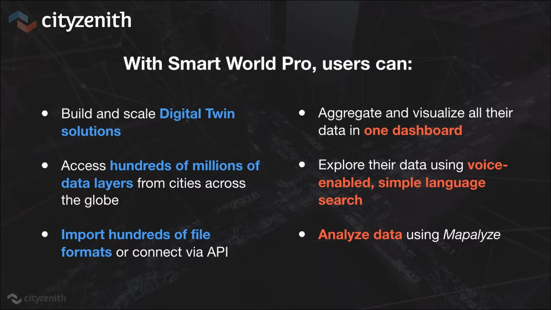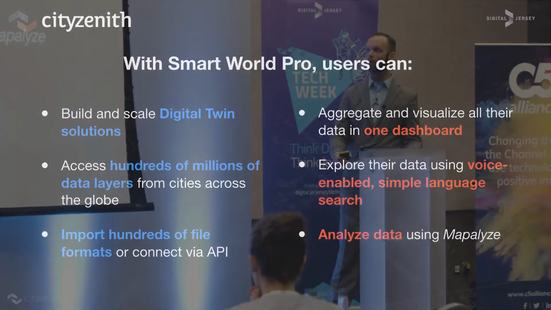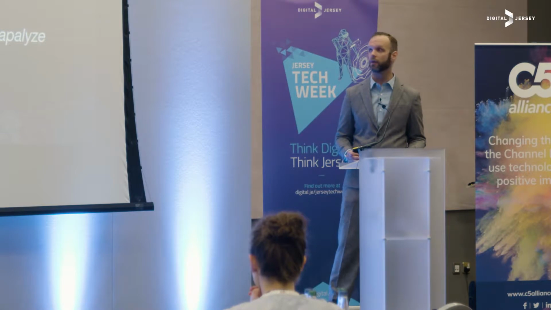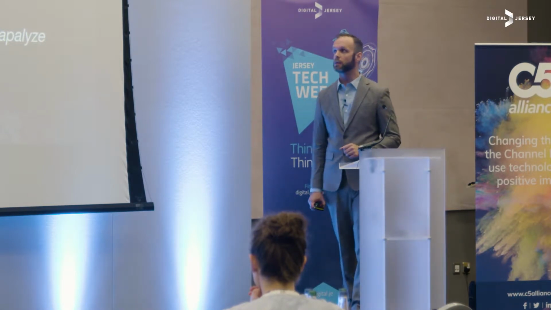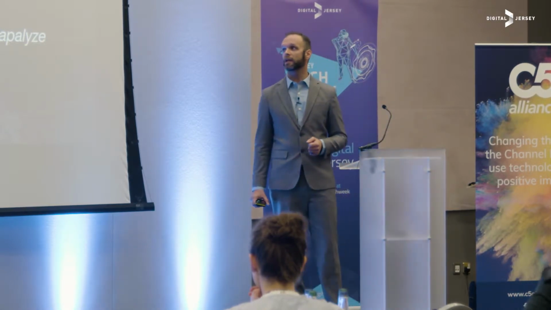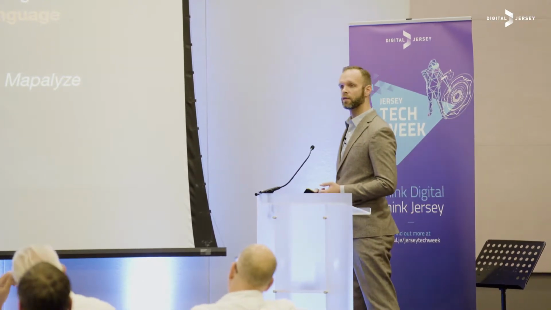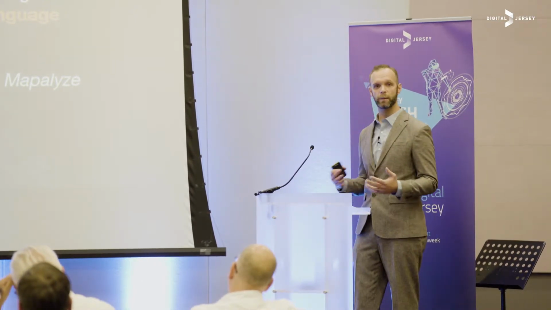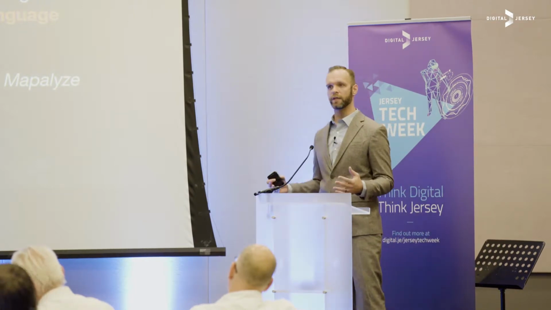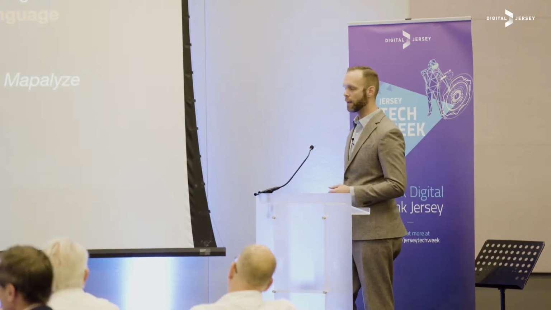So I just showed you a lot of information really quick. So let me explain in a little bit more detail what exactly we're offering with Smart World Pro. So with our clients, it really starts with a digital twin. We have a modeling service that we offer to our clients where we create what we call a BIM-lite model, or LOD4, level of detail 4 model.